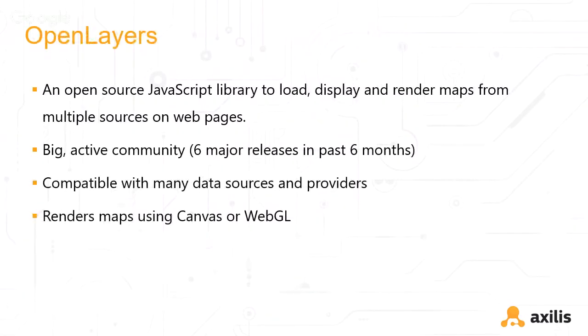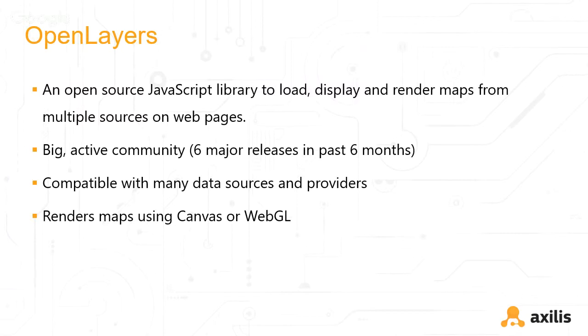So OpenLayers is an open source JavaScript library to load, display, and render maps from multiple sources on web pages. I'm going to show you how it works with Bing Maps and SharpMap. It has a big and active community. It had 6 major releases in the past 6 months, and I had a bug report for it, and they fixed it in approximately 1 week, and it was deployed in the next release.